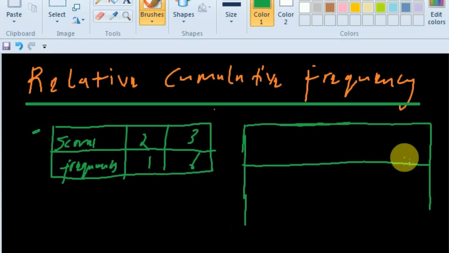In the first row I'll put my score, in the second row my cumulative frequency.